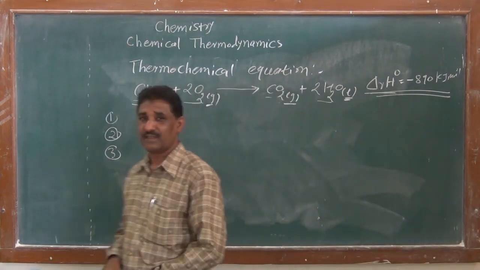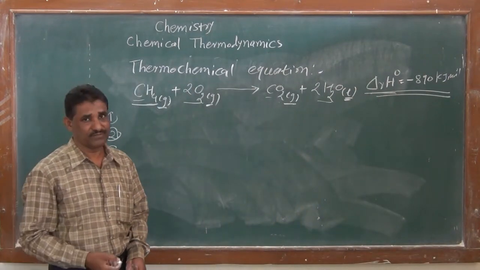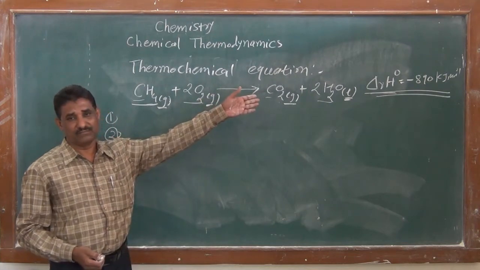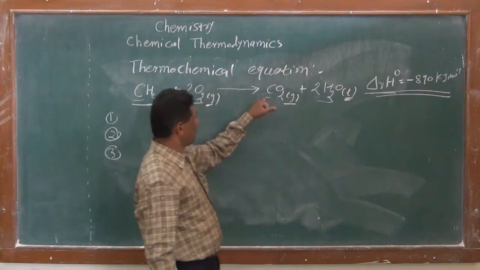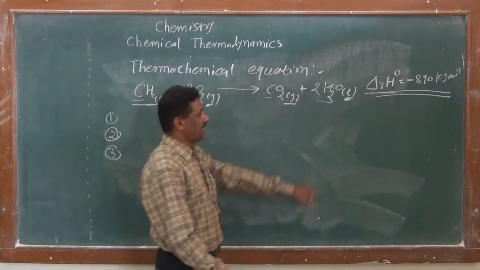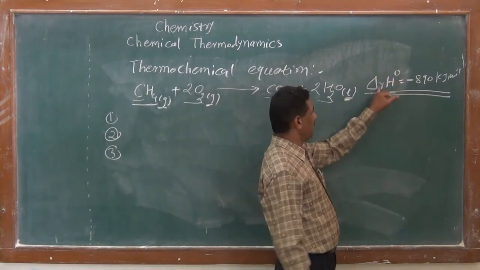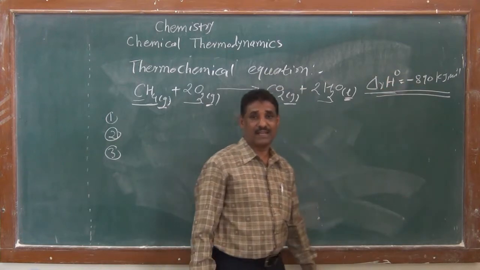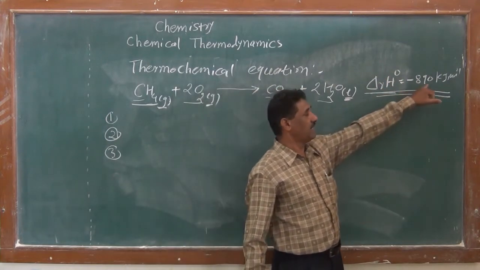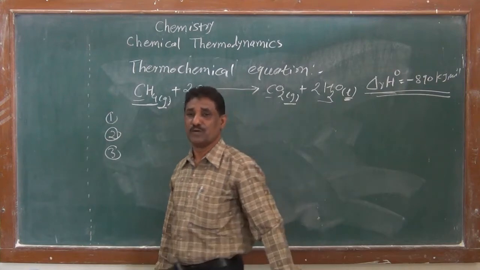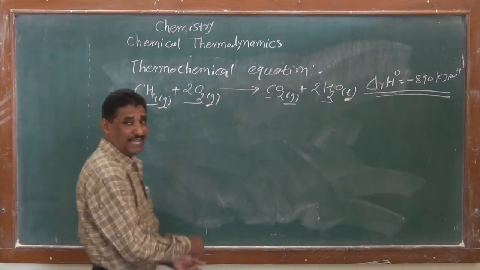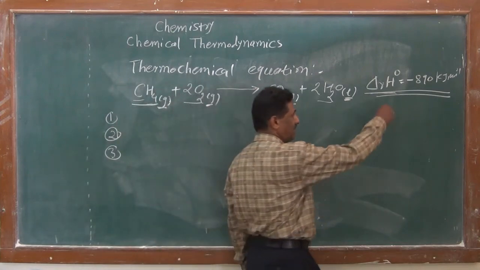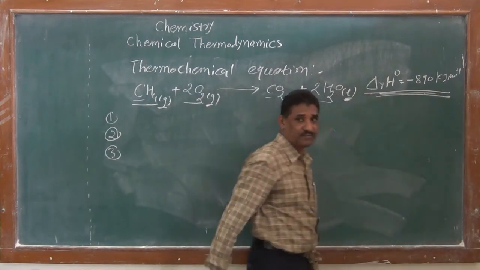Then the reaction is carried out in a direction. In the forward direction, the standard enthalpy change delta RH is minus 890 kilojoules per mole. If we reverse this reaction, this value is completely opposite.